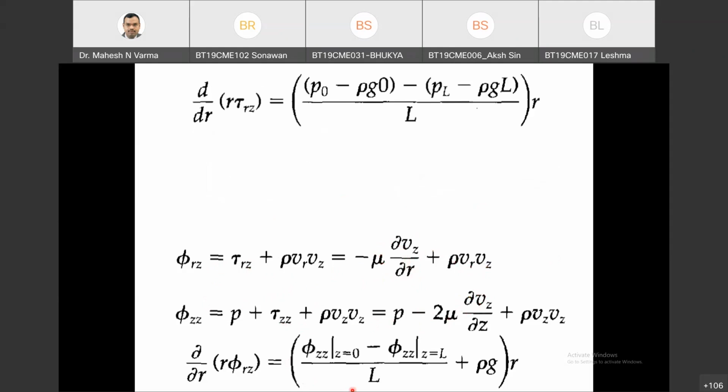Okay, now here you can see there is a slight rearrangement. All pressure terms are rearranged. Rho into g is kind of pressure. Rho gL is what you can call potential head.